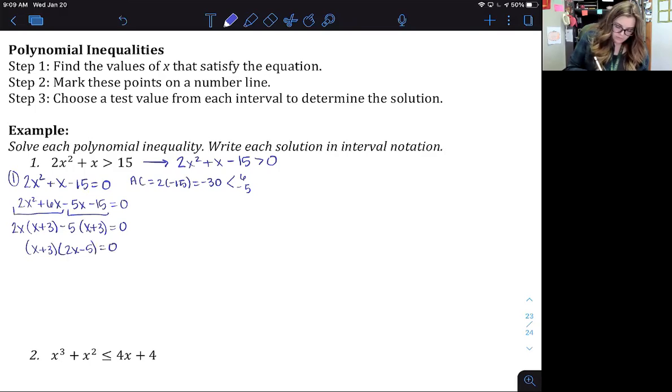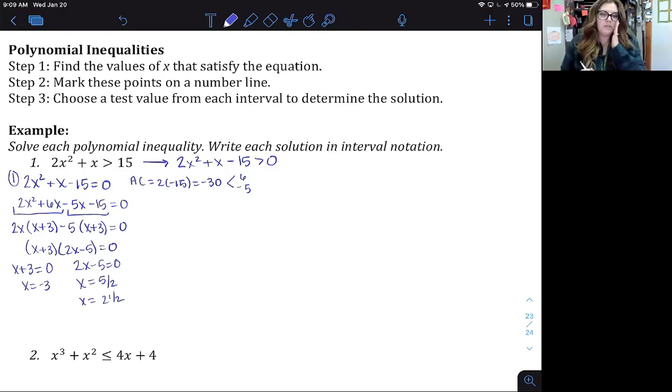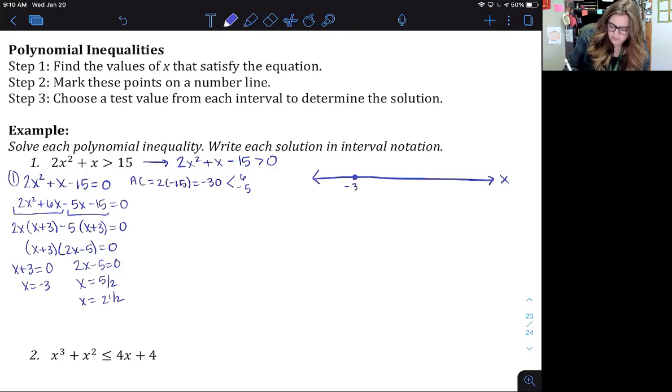And then if we set those both equal to 0, we get x equals negative 3. And then 2x minus 5 equals 0, x equals 5 halves. Okay. So I'm also going to write in x equals 2.5, just because we're going to put this on a number line. Okay, so if I draw our x-axis, we now have a point at negative 3 where our graph crosses, another point at 2.5.